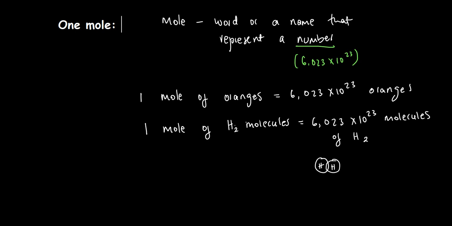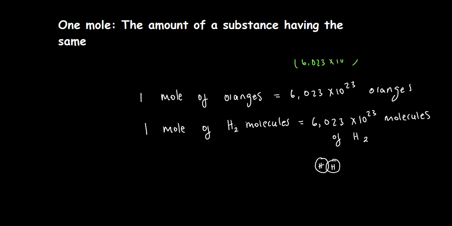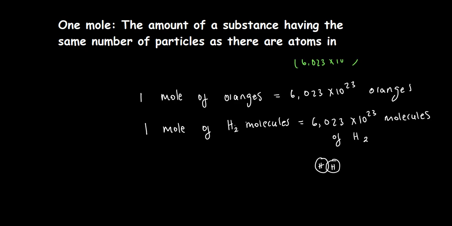Then you're going to tell us that it is the amount of substance having the same number of particles as there are atoms in 12-gram carbon 12.